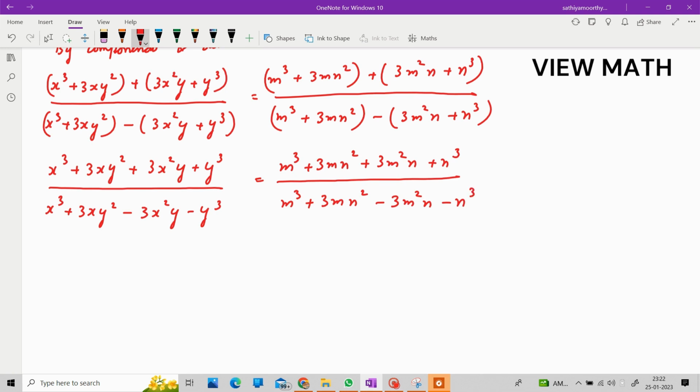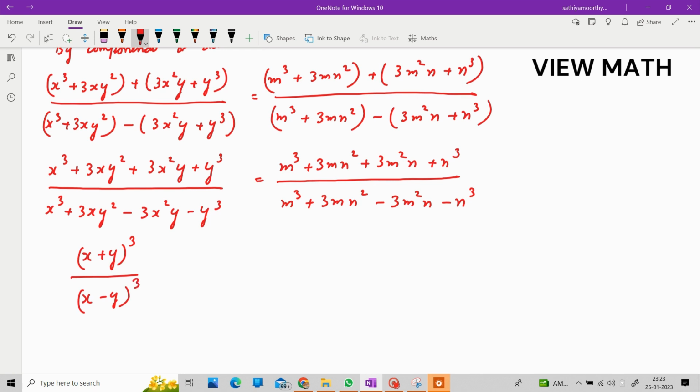Now you can see here x cube plus 3xy square plus 3x square y plus y cube is nothing but x plus y the whole cube formula. Similarly, the denominator x cube plus 3xy square minus 3x square y minus y cube is x minus y the whole cube formula.